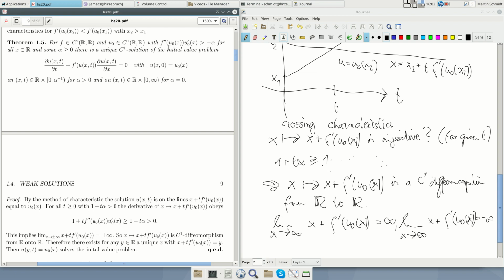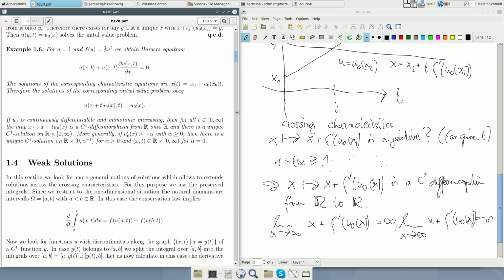This is just u0 prime, so it depends on the function u0. Here we have written again the implicit equation.